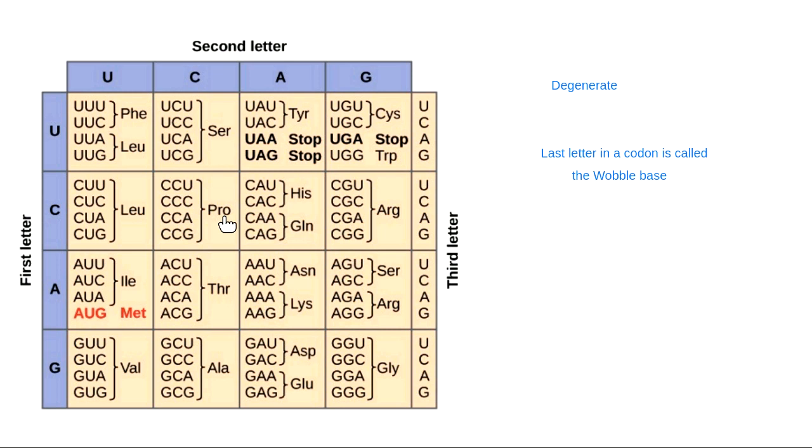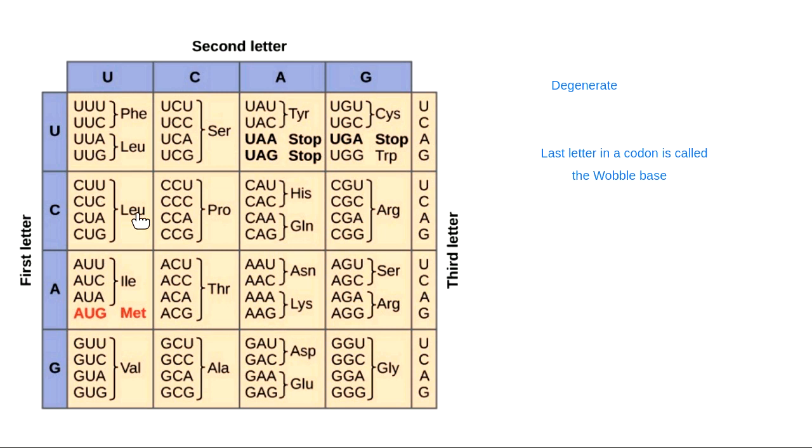If I changed it from CCU to CAU, I still have two of the same letters, but I've changed that middle letter to an A. Notice now that I add a histidine instead of a proline. Or maybe I change it to CUU instead of CCU. If I change it to U, now I get a leucine.